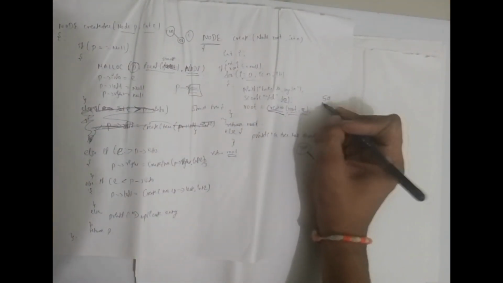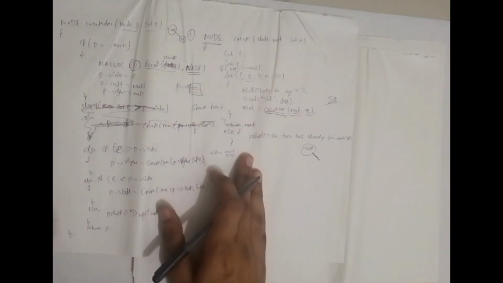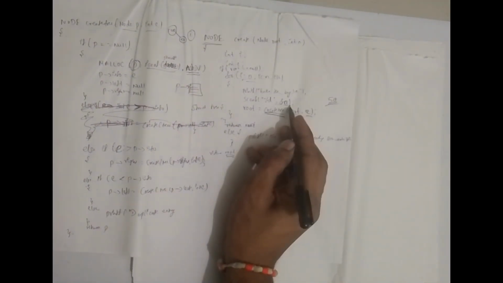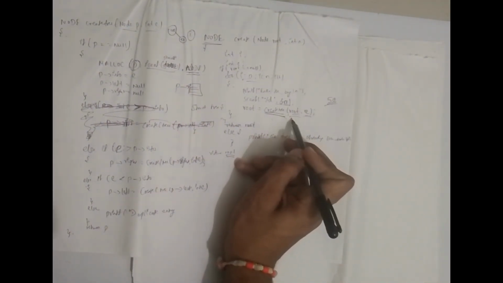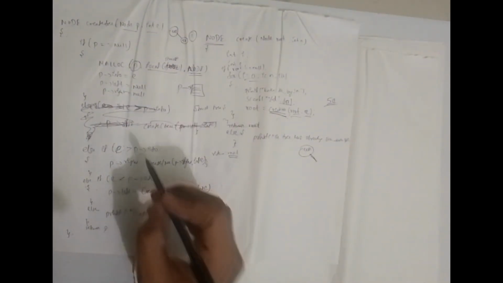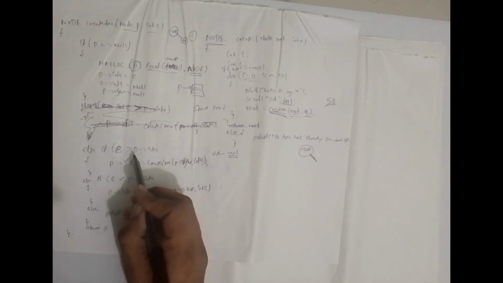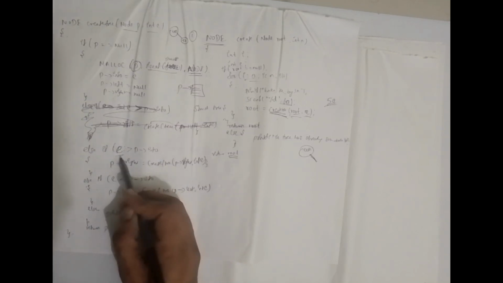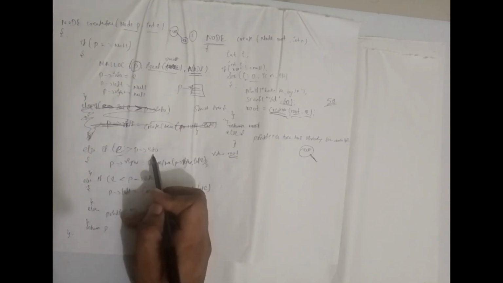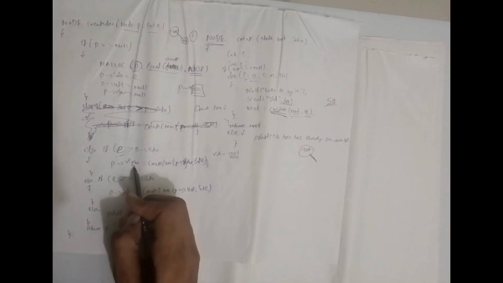If a user entered, I think, take the example of 50. Here he entered 50, so this function is called, and it will traverse to here. Is P equal to null? No, at each time it checks. 50 is greater than P info? Yes, so it will traverse to P right.